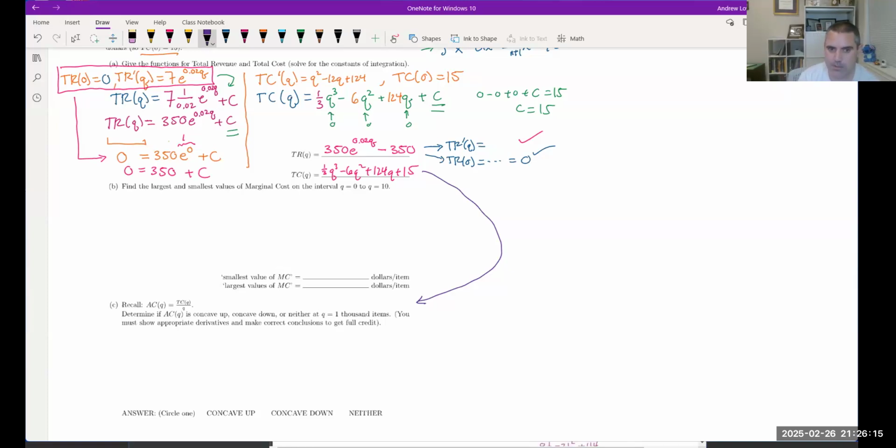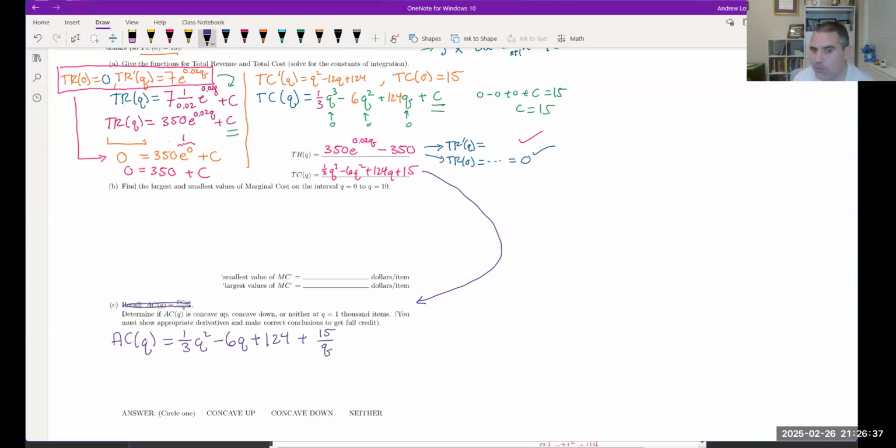So let's change this question to kind of my modern way of asking this. What if I told you the average cost was the following? 1/3 q squared minus 6q plus 124 plus 15q.